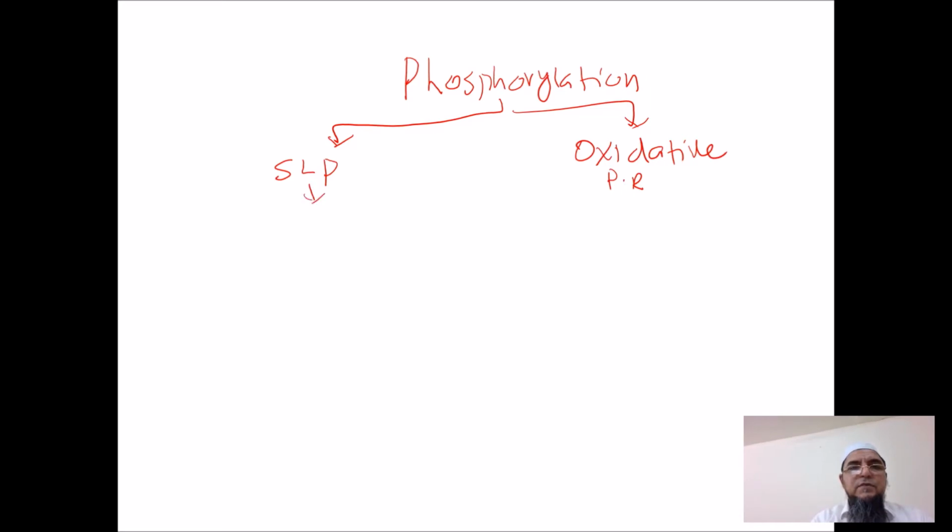We said substrate level phosphorylation takes place at the site of the reaction, where between reaction A to B, ATP is synthesized from the ADP. Either the phosphate comes directly from the substrate, or the reaction is so strong that it adds an inorganic phosphate to the ADP to make ATP. This is the example of substrate level phosphorylation.